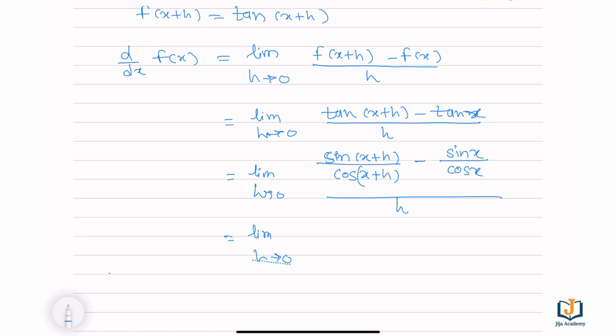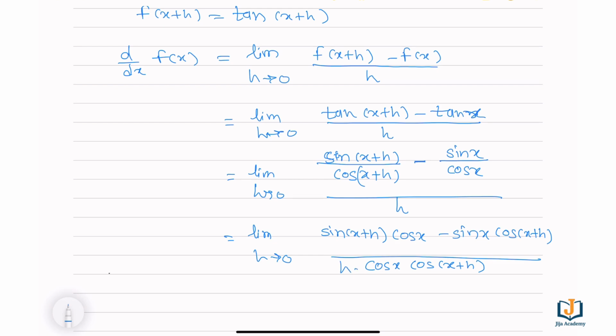Now we are subtracting from this, so we get here sin (x plus h) into cos x minus sin x cos (x plus h) divided by cos x into cos (x plus h) into h.